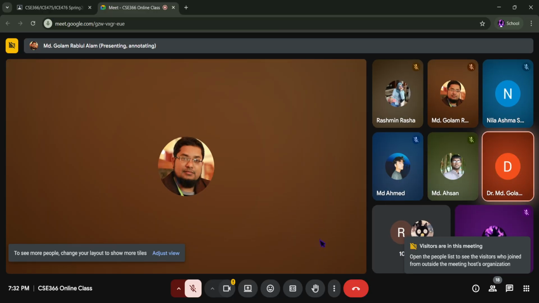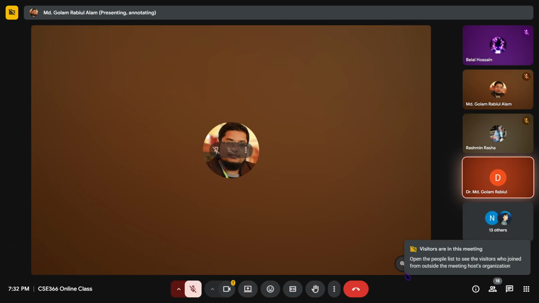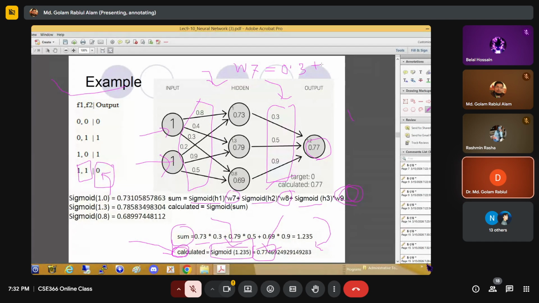Whether we need to add something or subtract something, that means whether we need to reduce the weight or increase the weight. We don't know about that. But we need to know whether we need to increase or decrease the weights. And if we need to increase, then how much? And if we need to decrease, then how much? So that means these weights we need to update.